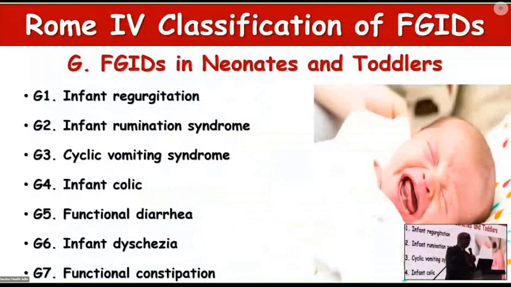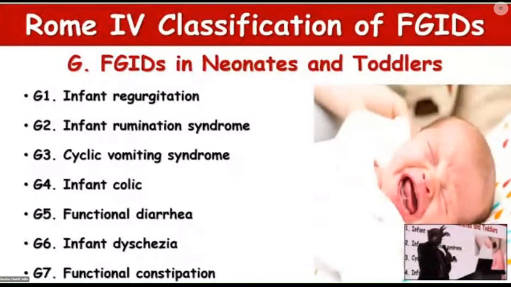Functional gastrointestinal disorders are classified according to the Rome 4 criteria, the most recent classification, which divides them according to age: either in neonates and toddlers, or in children and adolescents.